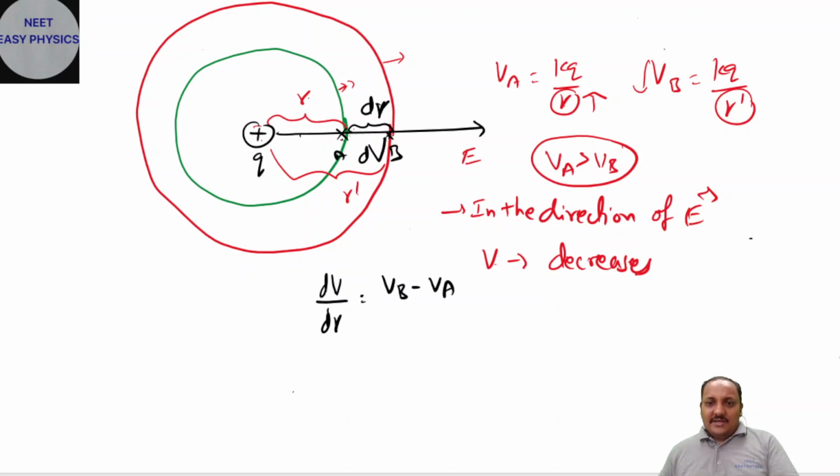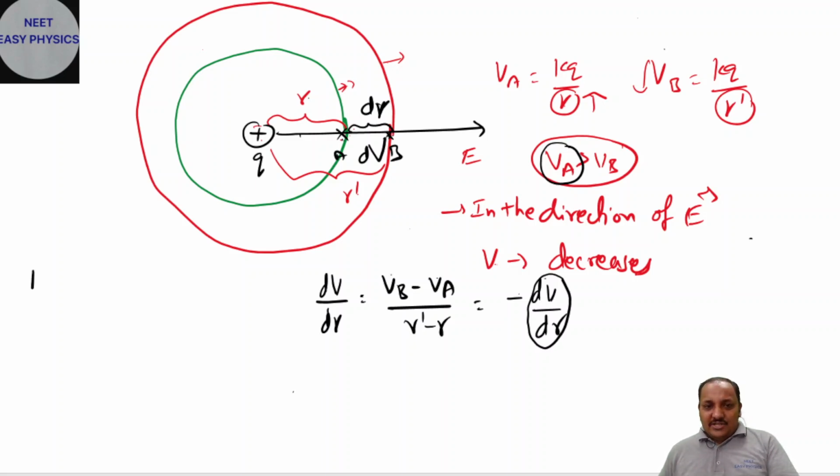VB minus VA. dr means r dash minus r. Already we said the VA value is going to be more. Therefore, less value minus more value gives a negative, so minus dV by dr. This value we are calling the negative potential gradient.